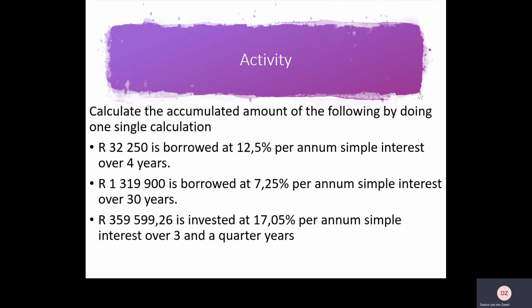Showing the two separate amounts. Whatever that calculation is, I'll check now, and then add them together. It's the same, it's still simple interest, but now we're just doing it in one calculation rather than two separate ones. So after this, you'll be able to choose the way you prefer to answer. But for this activity, we are doing in one calculation.